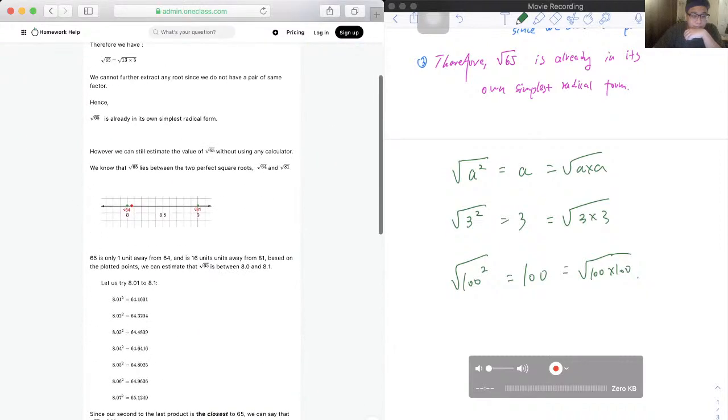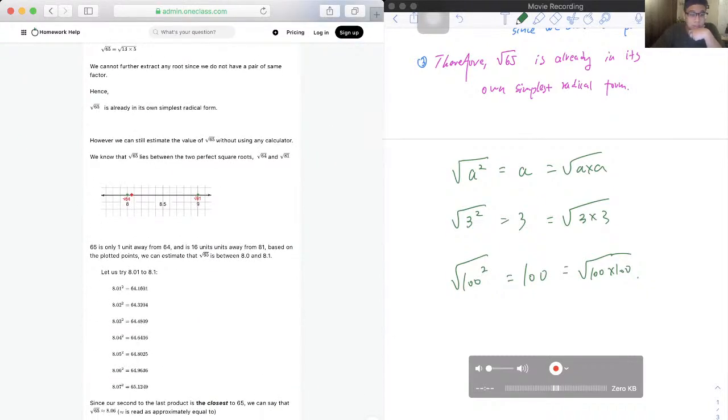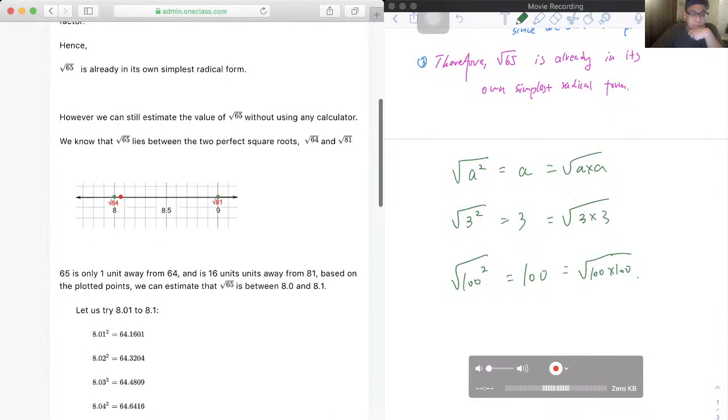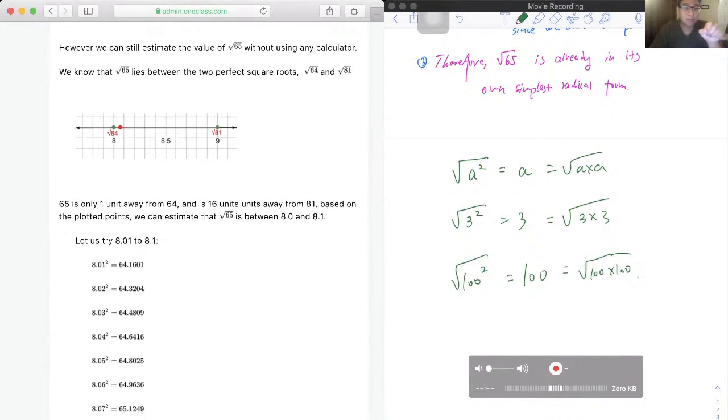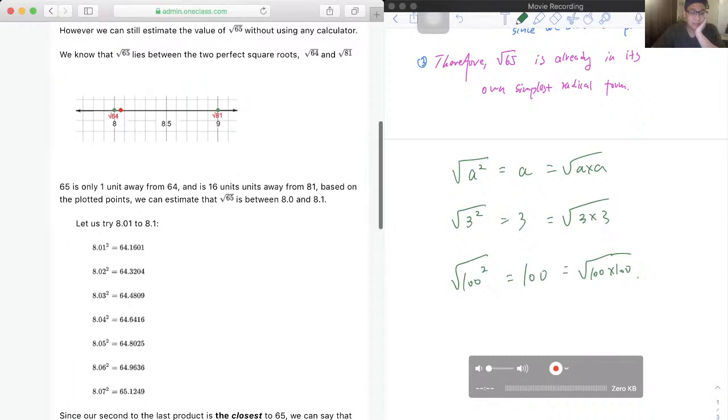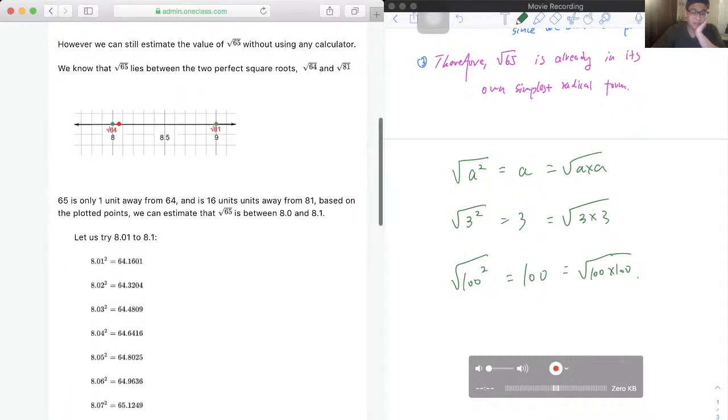Now let's look at the tutor's answer for the second part. It says we can still estimate the value of root 65 without using any calculator. Whenever we are asked to convert this root 65 into decimal form, that is the method we use.